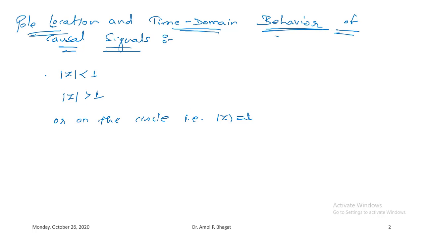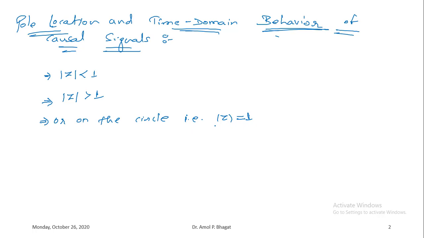Depending on these three conditions, that is, if poles are in the region |z| less than 1, greater than 1, or on the circle |z| equals 1.